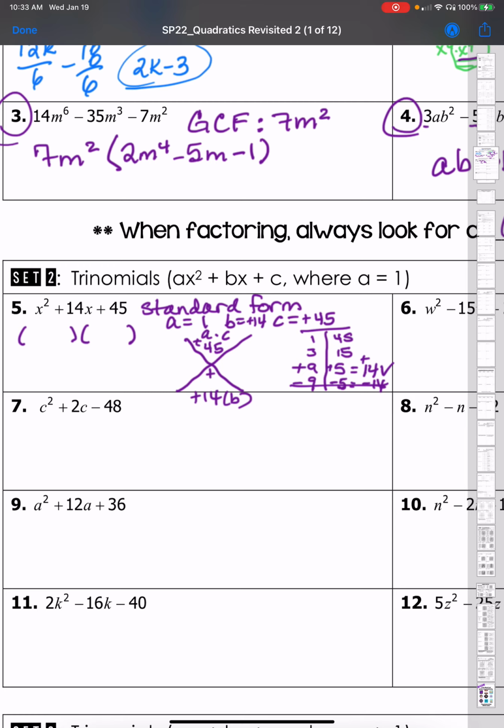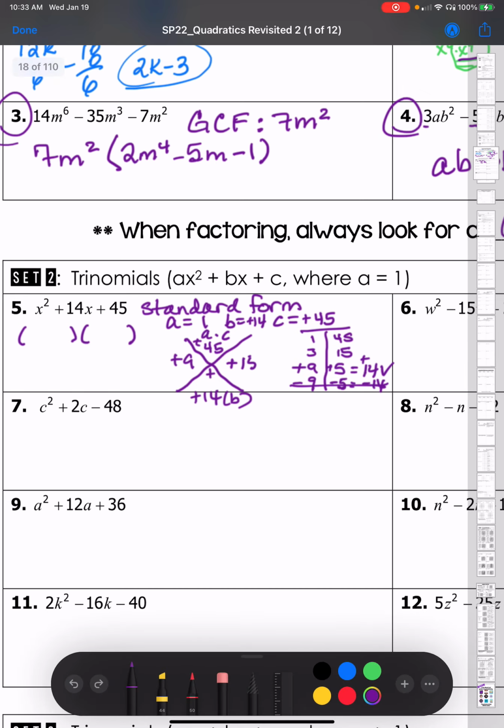Very important to look at your signs. So we can write these directly into our factors. Positive 9, positive 5. So here we go.